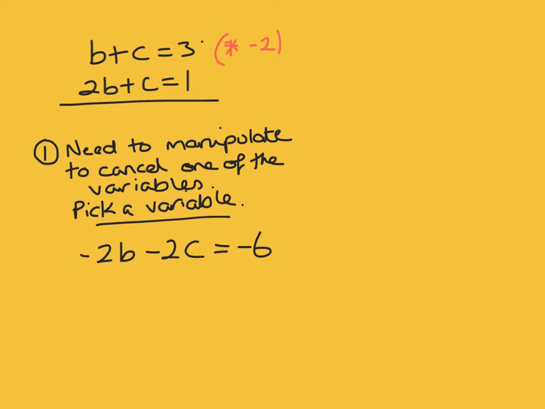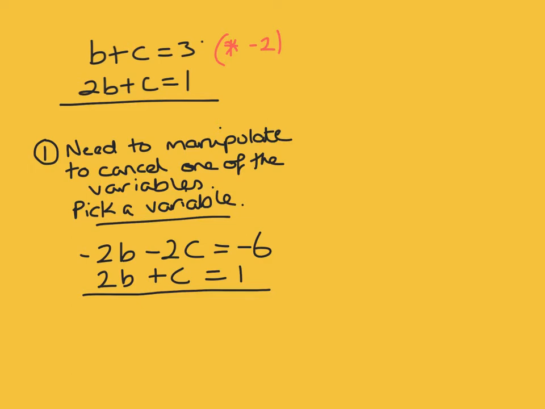And my second line is the exact same, so I get 2b plus c equals 1. All I've done there is written out that exact same line, and now I'm going to do a little bit of old school subtraction or addition in order to solve for one of my variables.